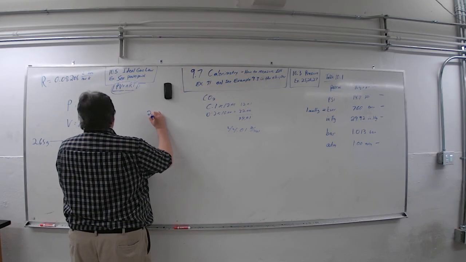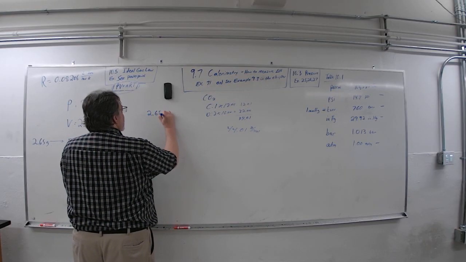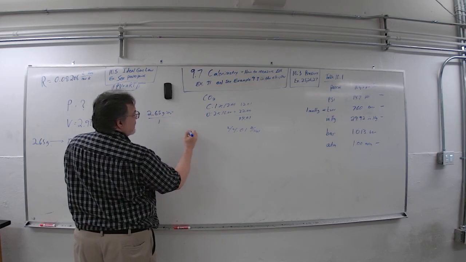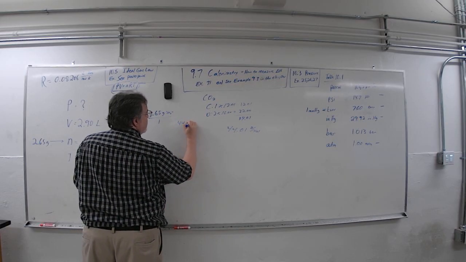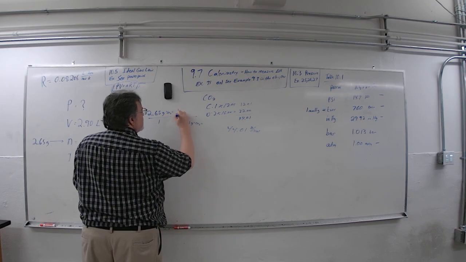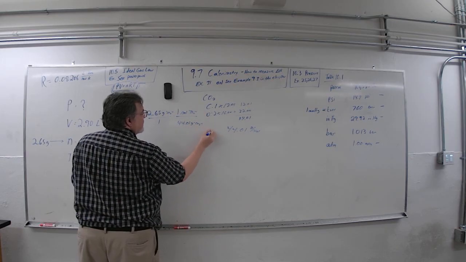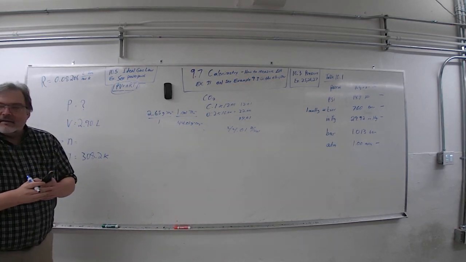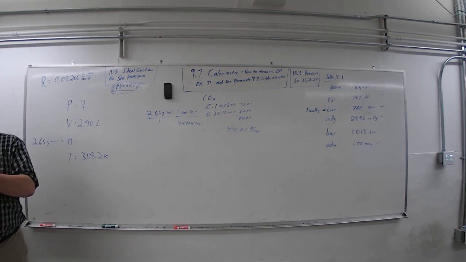And to find the moles, 2.65 grams of CO2, grams on the bottom, 1 mole CO2, this should look familiar, right? 2.65 divided by 44.01.